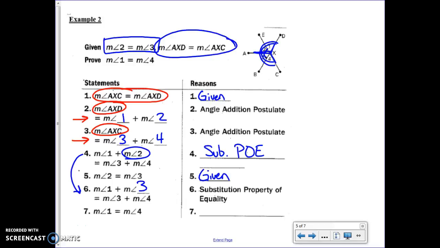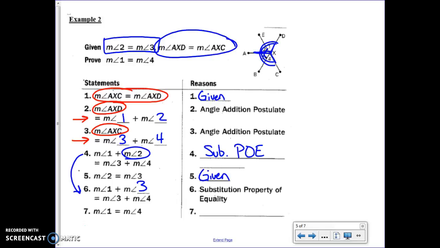Now, what it looks like is I have the measure of angle 3 on both sides. Think about if you were doing an algebra problem. How would you get rid of those things? Because that's what's happening in number 7. We have the measure of angle 1 equals the measure of angle 4. To get rid of those, if they're added on both sides, we're going to subtract.